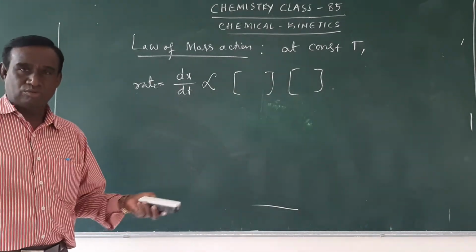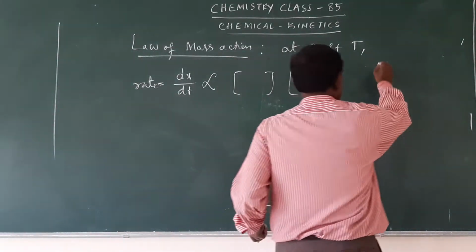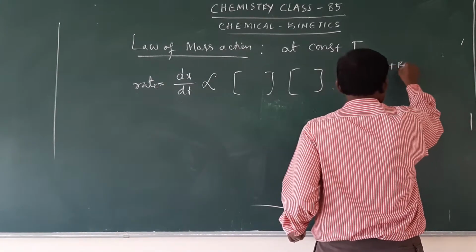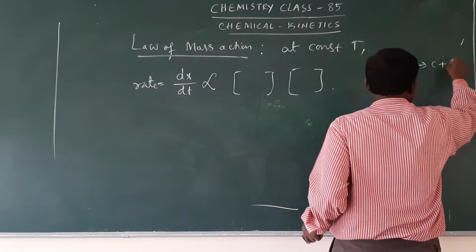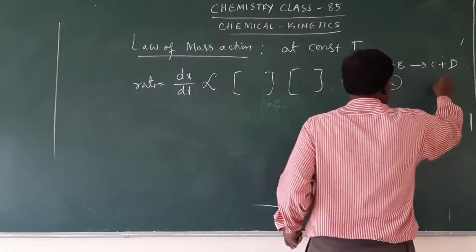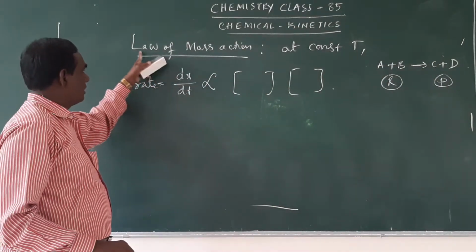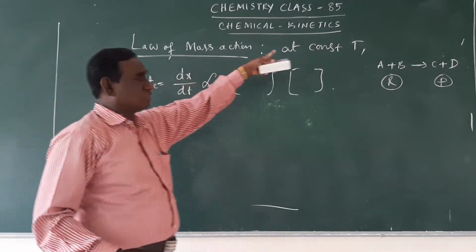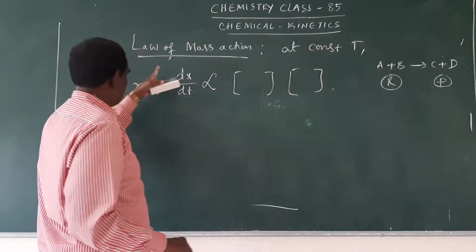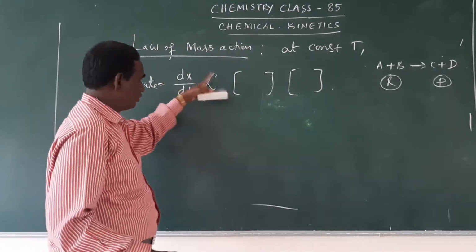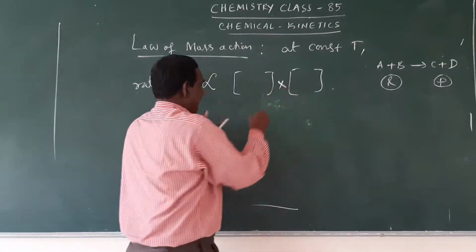For this we have to take one example: A plus B gives rise to C plus D. These are the reactants, these are the products. So the law of mass action states that at constant temperature T, the rate of a chemical reaction dx by dt is directly proportional to the product of the active masses of the reactants.